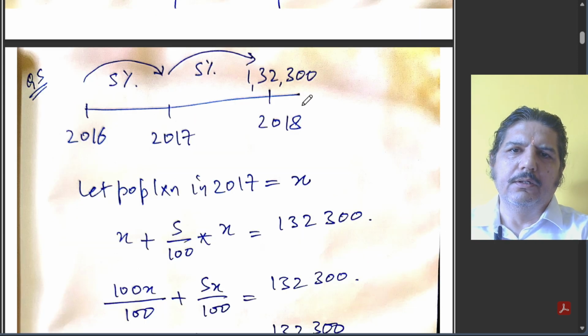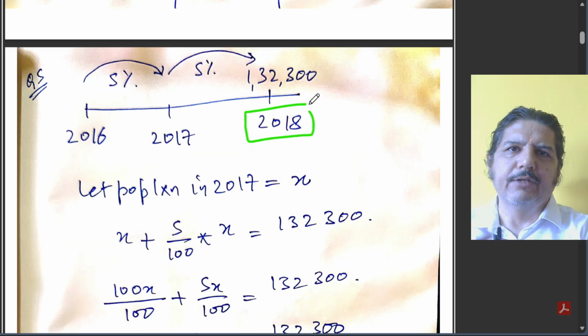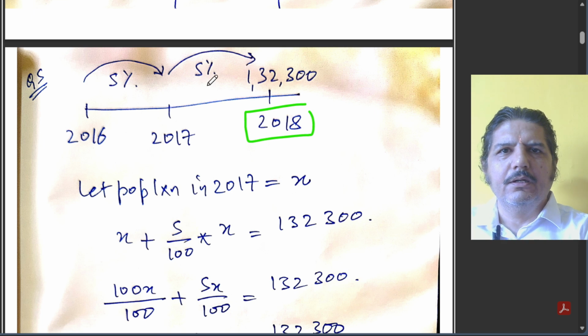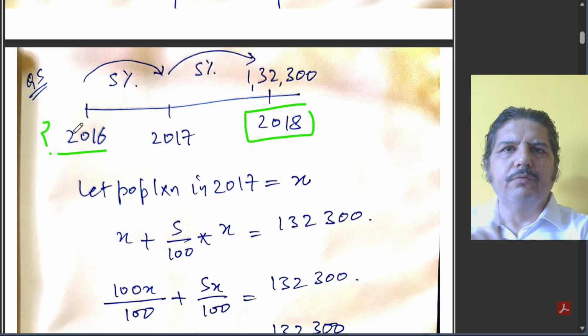So right now we are in 2018 as per the question. Here the population is 1,32,300. This is the population which is given in 2018. Now in this particular town, every year 5% of the population increases. So they are asking you the population which was there in 2016.